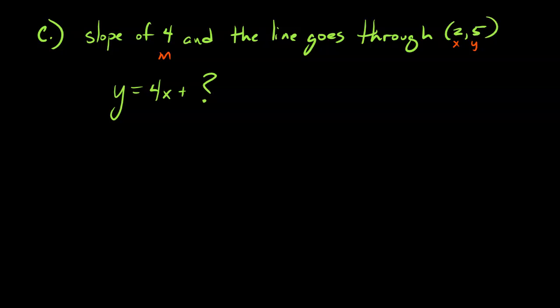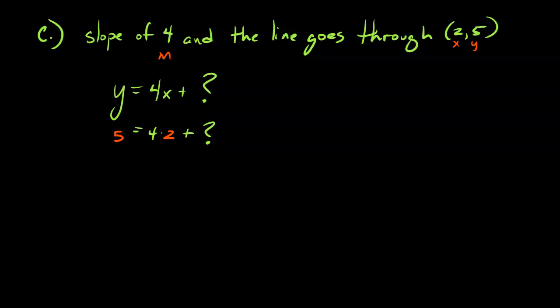Normally we would call this x1, y1, but we don't need to. We're going to put these numbers in place of x and y, because they're technically an x and a y. And we're going to use that information to figure out B.